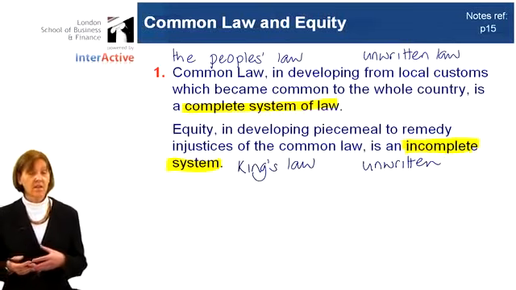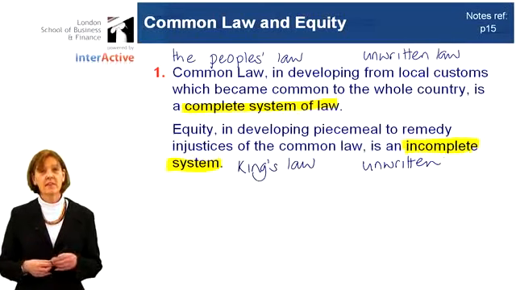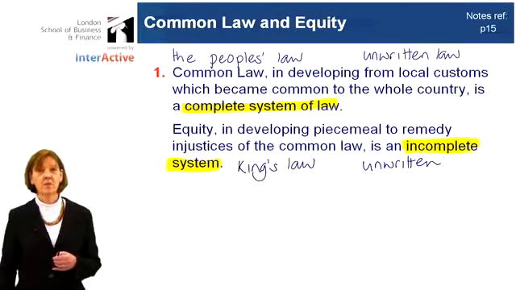So nobody, again, has ever sat down and written out all the rules of equity. It was just developed by the Lord Chancellor and his judges in the courts. So that's our first characteristic of common law and equity.